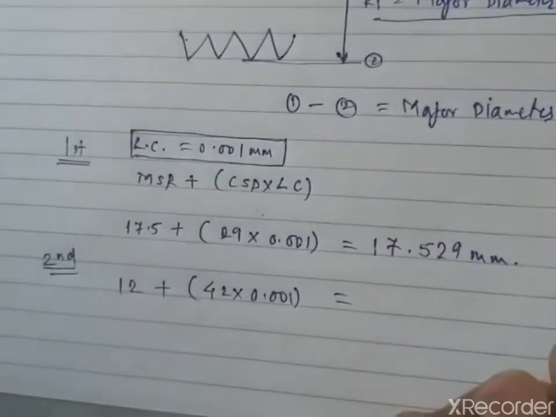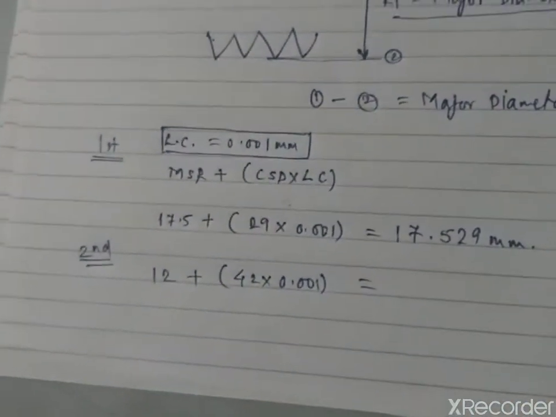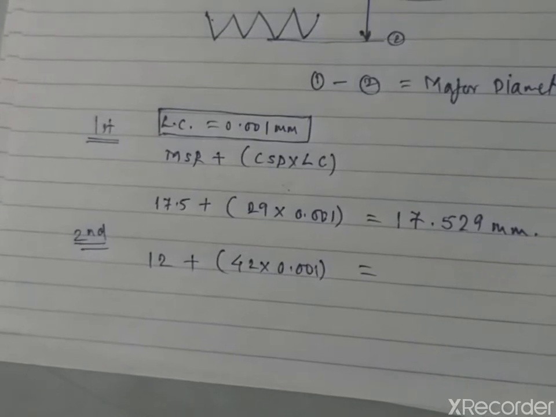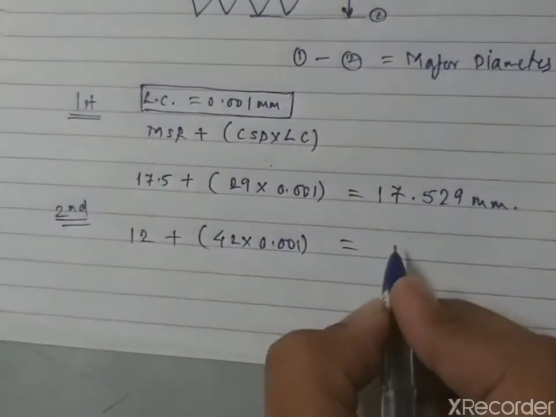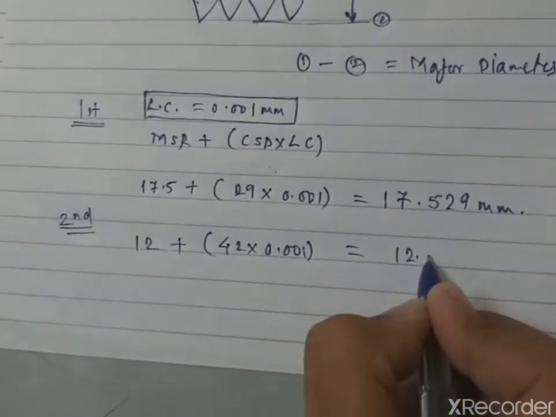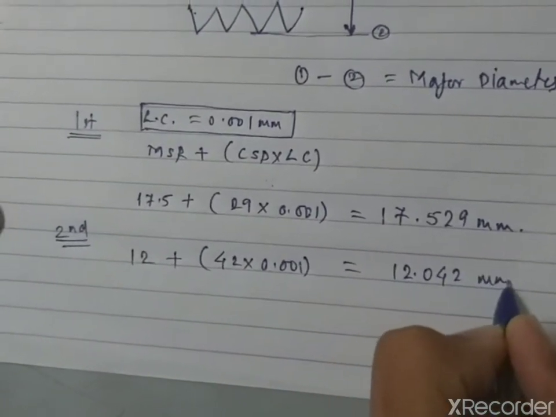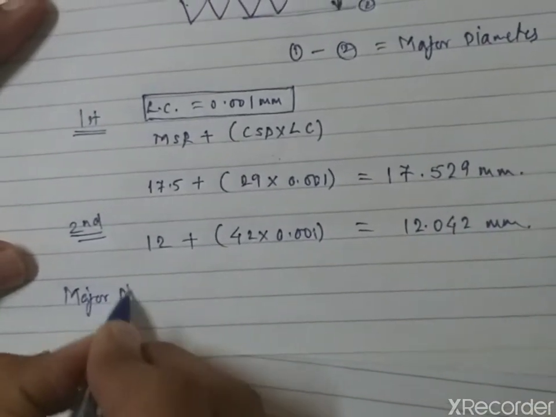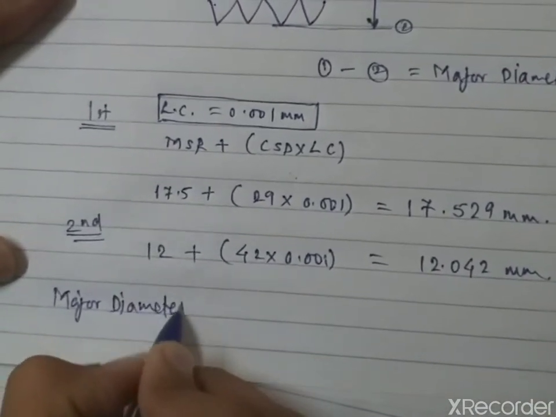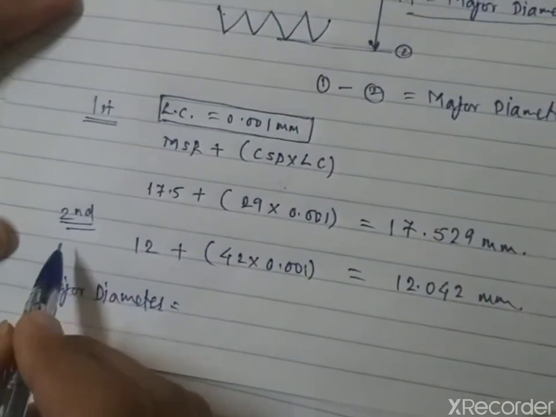So it will provide us 42 into 0.001 plus 12 mm. So R2 will be equal to 12.042 millimeter.